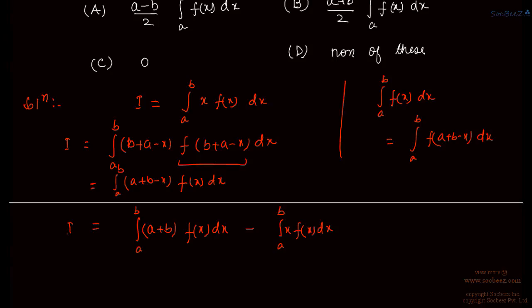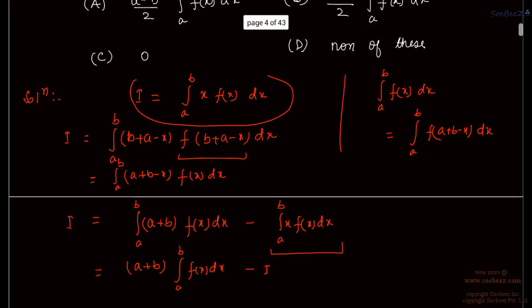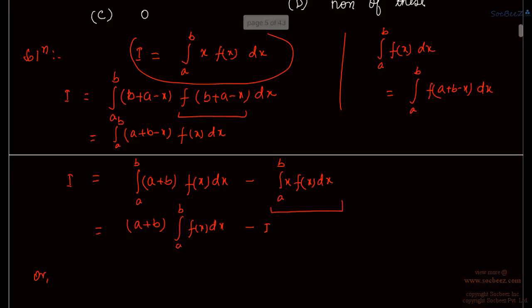So if you check, this value is also I. So we have this as (a plus b) times the integral from a to b of f(x) dx minus I, or we have 2I is equal to (a plus b) times the integral from a to b of f(x) dx, right?